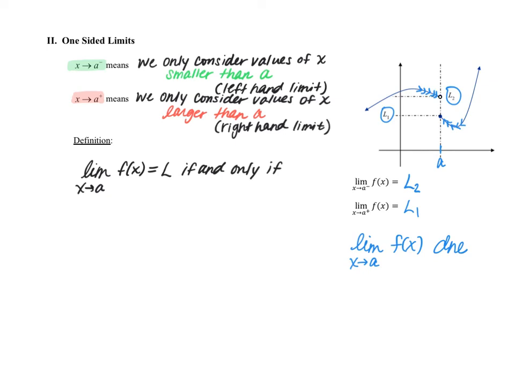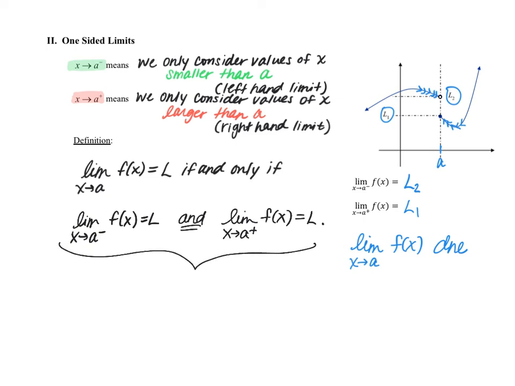So this will be true if and only if the limit as x approaches a from the left of the function is equal to L, and the limit as x approaches a from the right of the function is equal to L as well. So this is how we write the left-hand limit is equal to the right-hand limit.